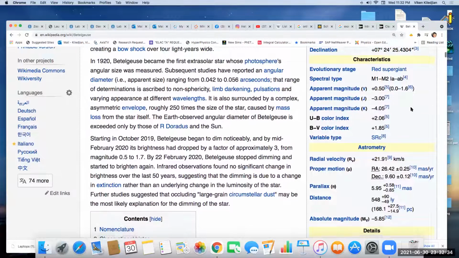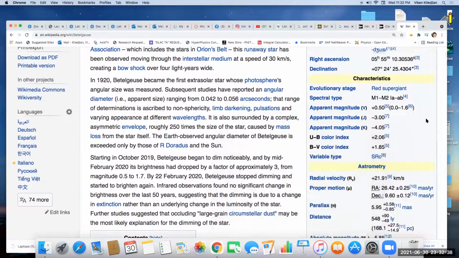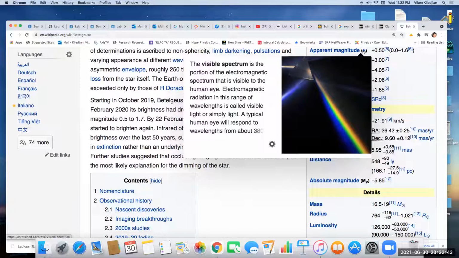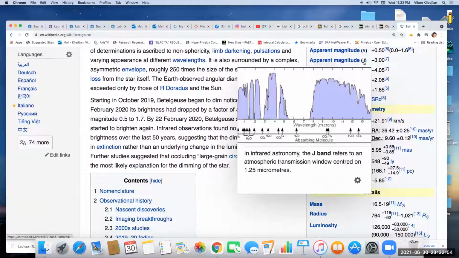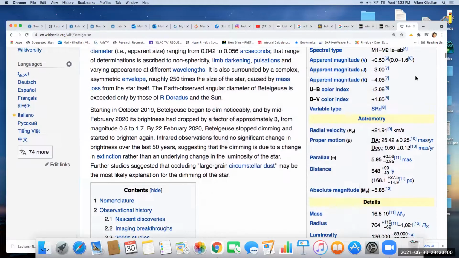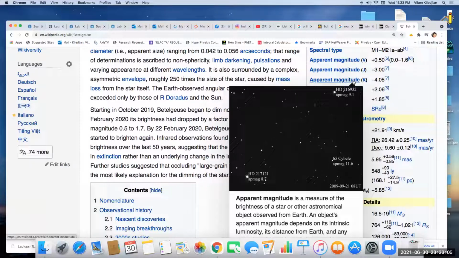Its apparent magnitude is, I believe this is the one that we should use. Hold on. Apparent magnitude V. Why is there three of them? Visible to the human eye. Electromagnetic radiation is called visible light. Okay, apparent magnitude J. The J band refers to an atmospheric transmission window centered on. Oh, okay. I don't think that's the one. I think the one that we're using is the apparent magnitude V. Apparent magnitude is a measure of the brightness.